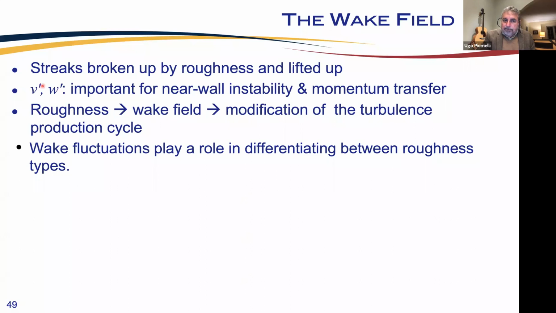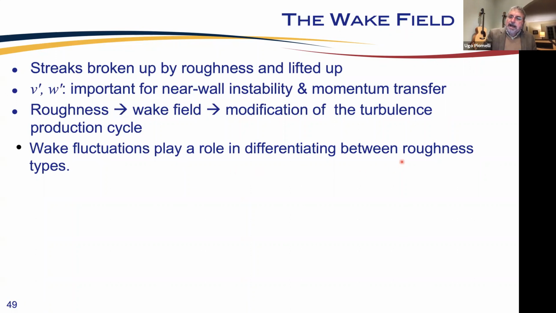So streaks are broken up by roughness. The V and W fluctuations are generated, and the turbulence production cycle is modified. And the wake fluctuations play a key role in this modification of the turbulence production cycle. And the wake fluctuations are intimately related to the geometry.